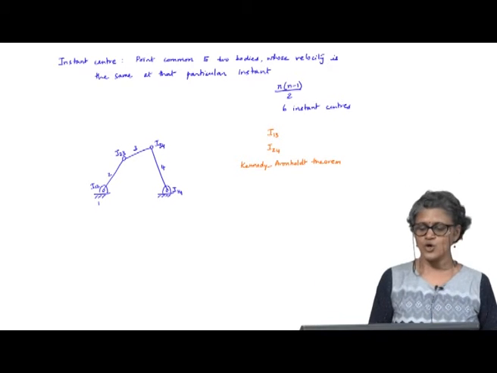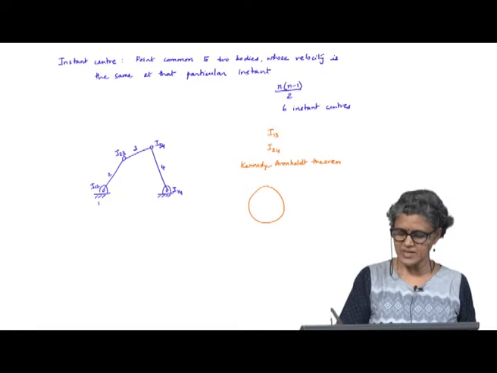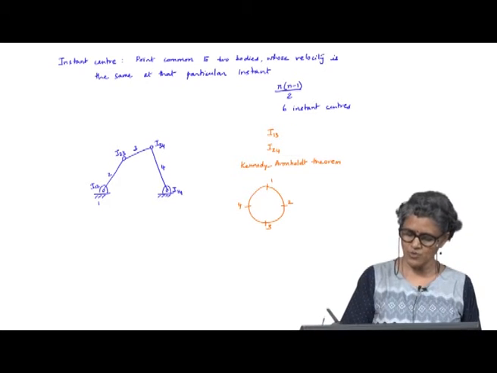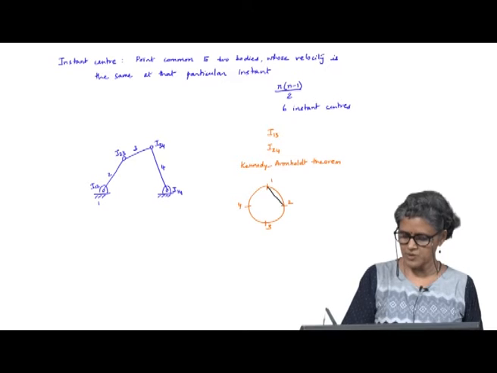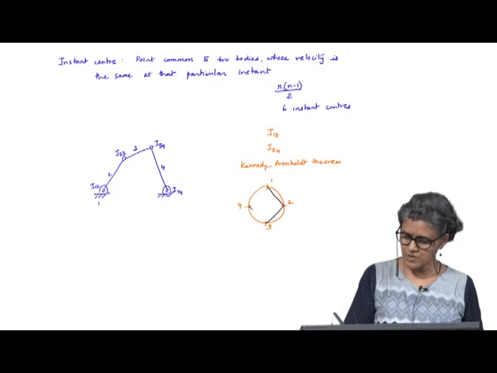And we use what we call the circle diagram to help us find the instant center. Here 1, 2, 3, 4 denote the 4 links. I know 3 4 and 1 4.